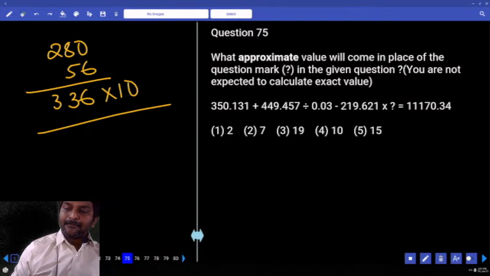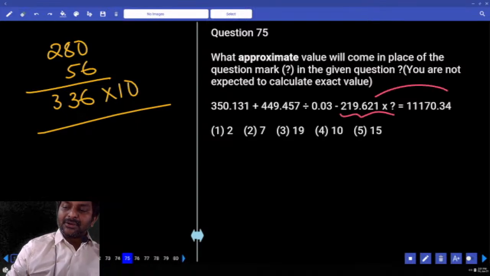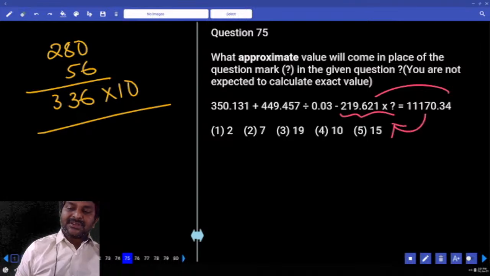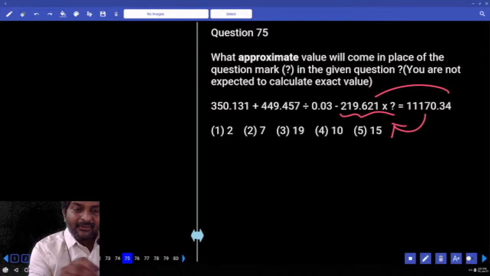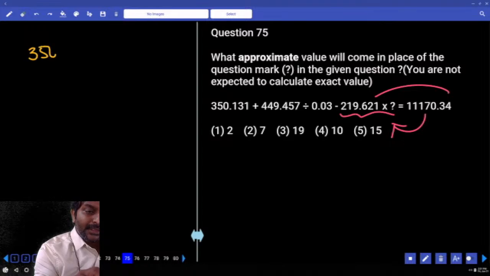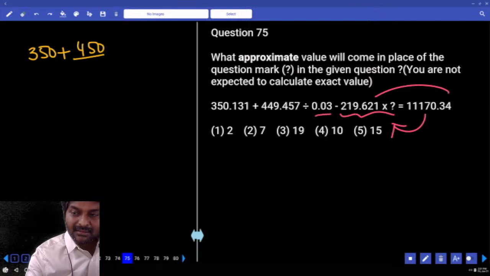Is it clear? First of all, this number goes to the right hand side and the right hand side number comes to the left hand side. What is the first number on the left hand side? Plus 450 by 0.03. Approximate?